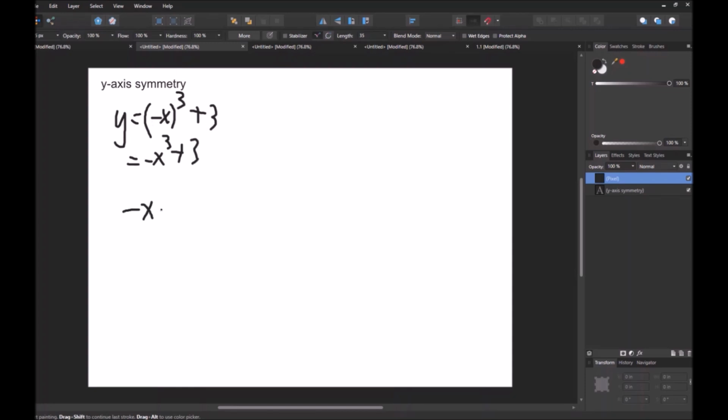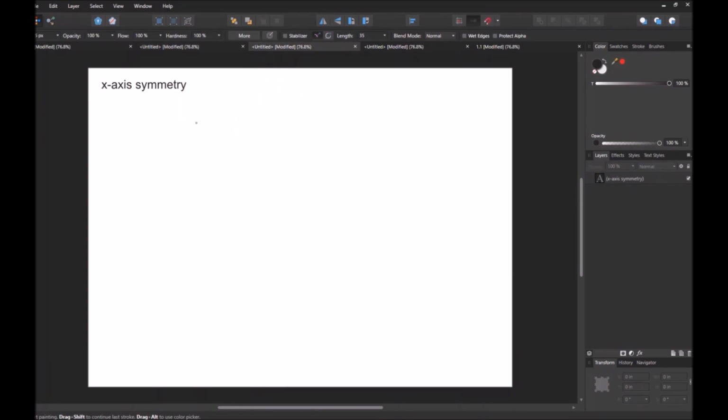So we have negative x times negative x times negative x. Well, negative x times negative x is positive x squared, and then we drop this down here. So we have x squared times negative x, so x times negative x is negative x cubed. So that's why. And then we can see that it's not the same as the original equation, so we can say that this does not have y-axis symmetry.